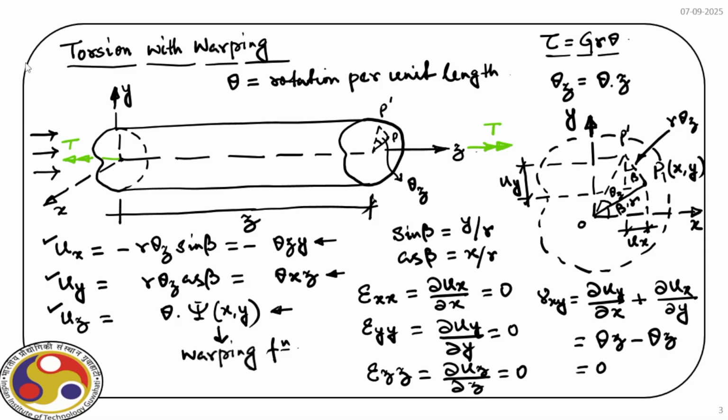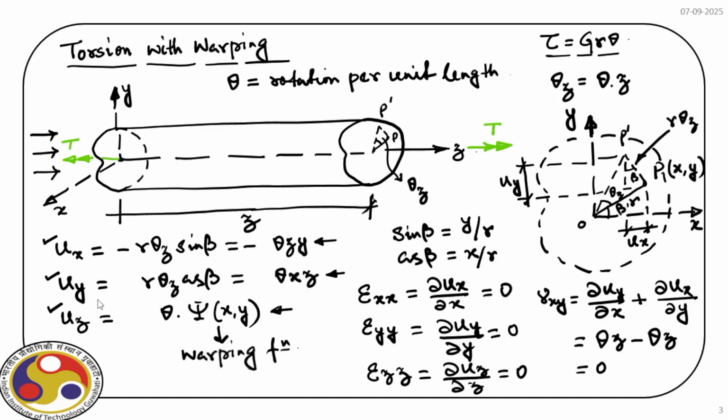Now, let us find the other two strain components, and then we will see what the property of this warping function is. The first one is gamma yz. We can find it from the expression of uy, which is x theta z, and uz, which is theta times psi of x, y.